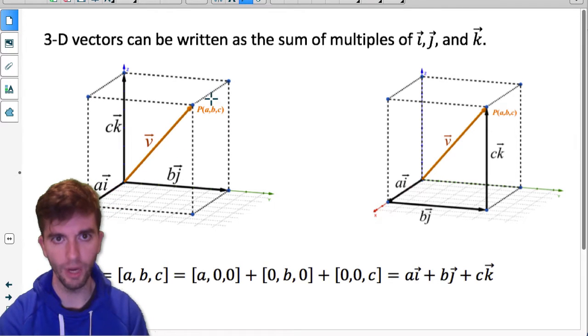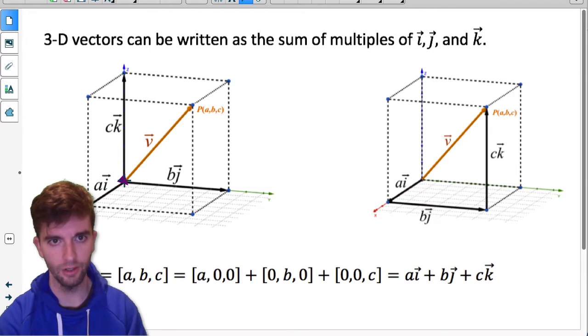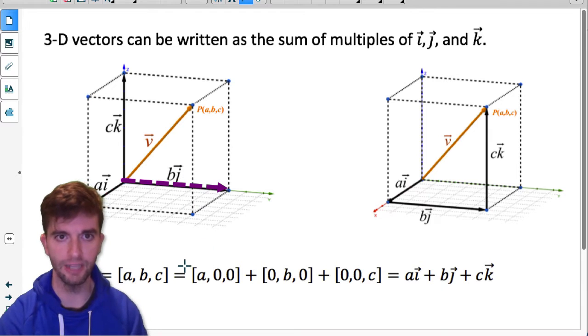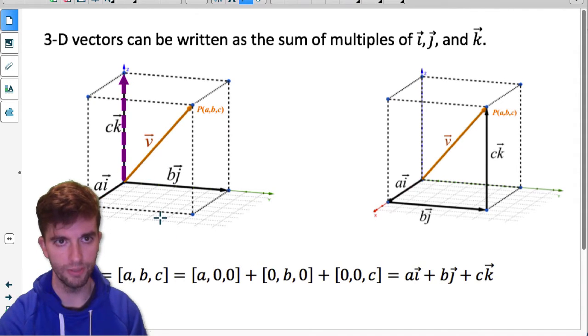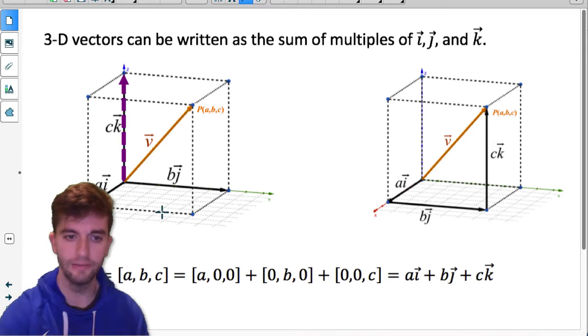And whatever the y component of the point is, we'll call it b. This vector along the y-axis would be equal to that y component b times unit vector j. And whatever the z component is, we'll call it c. This vector along the z-axis would be equal to c times unit vector k.